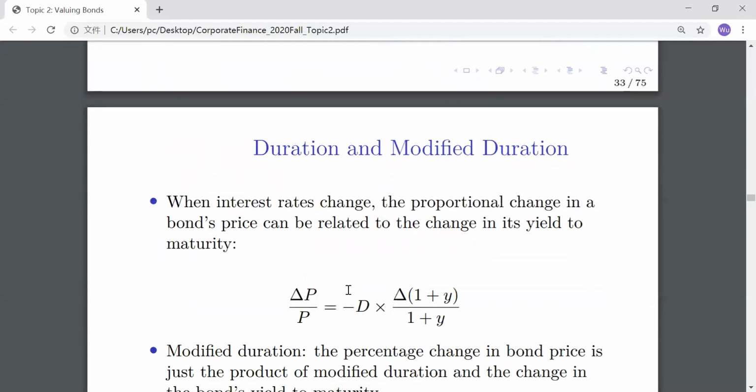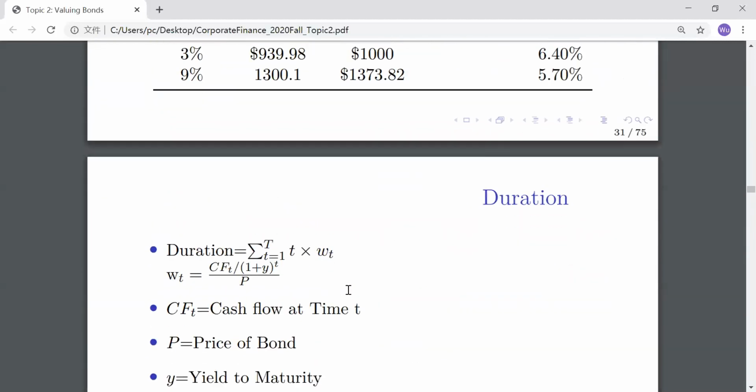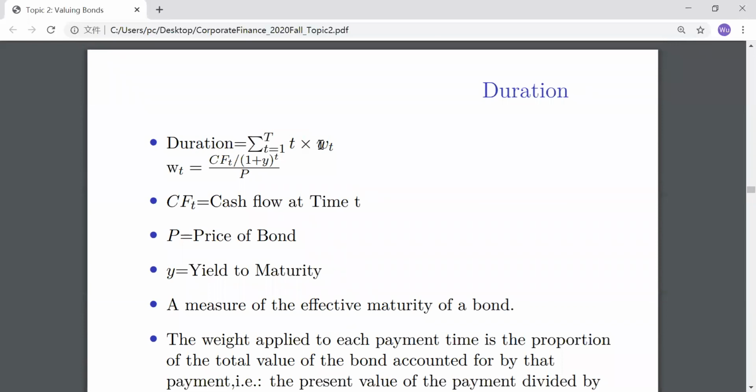Let's go back to the formula here. How do we calculate the weight? If you have more distant payments, the weight is much higher. If you have a lower yield to maturity, this part becomes bigger, and that's why the weight becomes bigger.